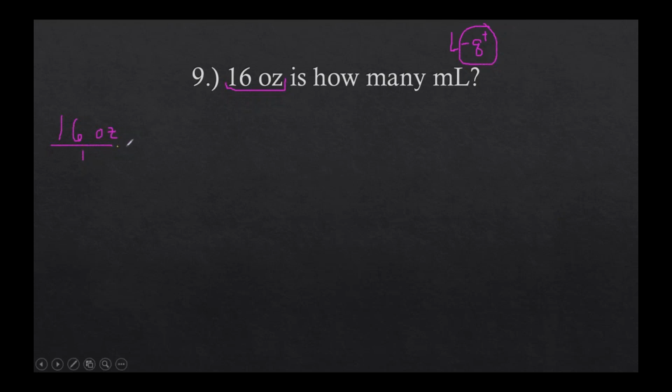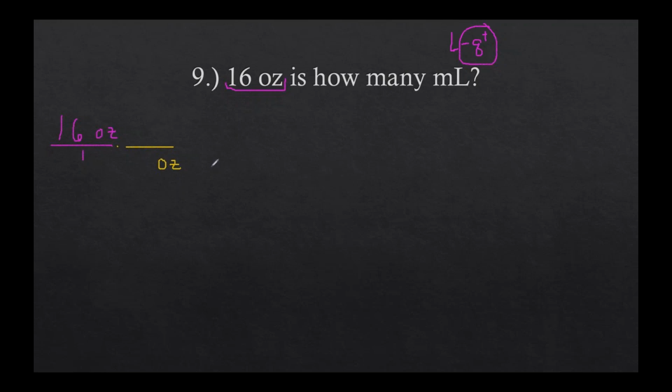Yeah. So when you go to ounces and you look at your paper and you say, okay, ounces. What can I do with ounces? Well, they have to be on the bottom to cancel out. But where can I go from ounces? Well, ounces will go to pounds if you're talking about weight, but you're not talking about weight, you're talking about liquid, right?